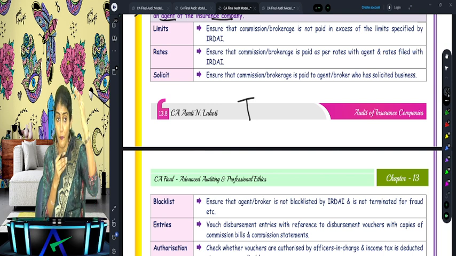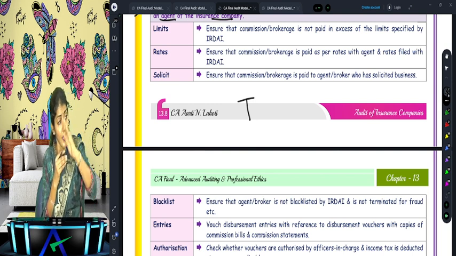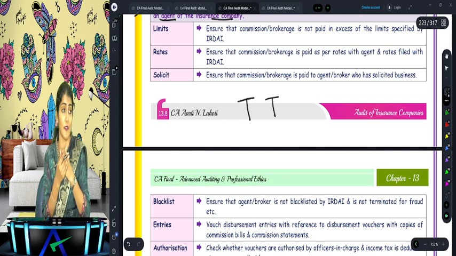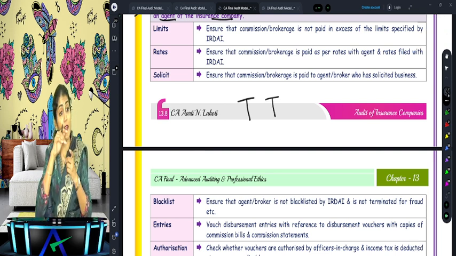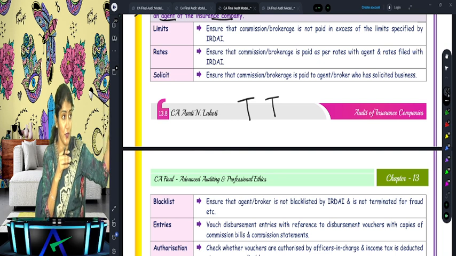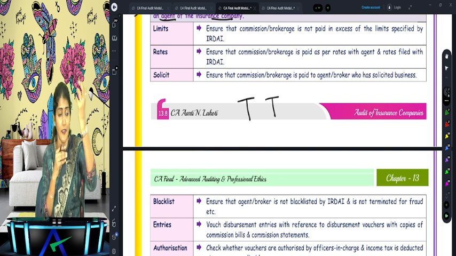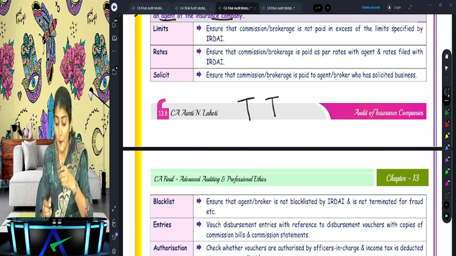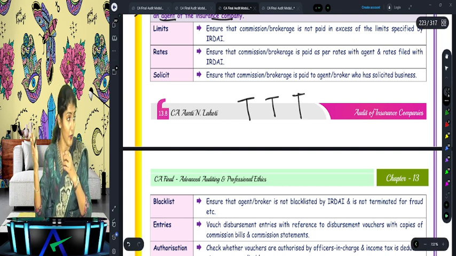No. So only for that part you are paying the commission to the agent for which business he has solicited for the insurance company. Or say this particular agent had done a fraud in the past. He just wrote some fake policies and he collected the commission from the insurance company. Then such type of an agent could be blacklisted by the IRDA or the authorities, right?